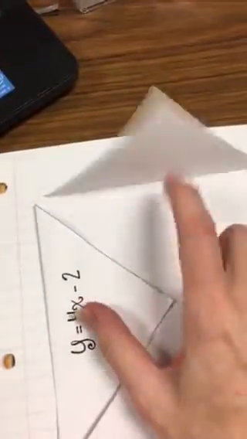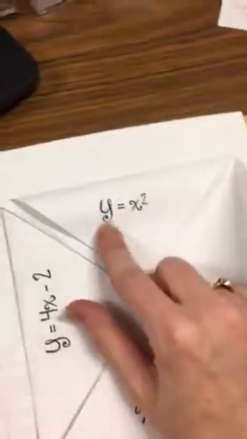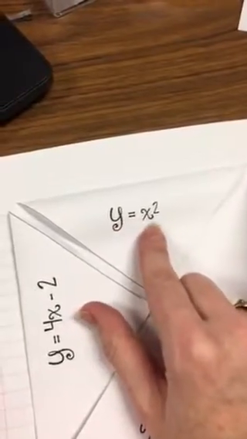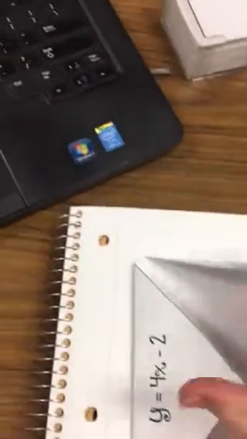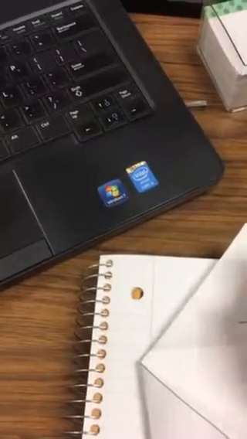So we're going to start with this foldable, and you're going to take each function that you are given, and make a function table for that particular given function. So if I choose this one, y equals x squared, I'm going to open that flap, and make a function chart.